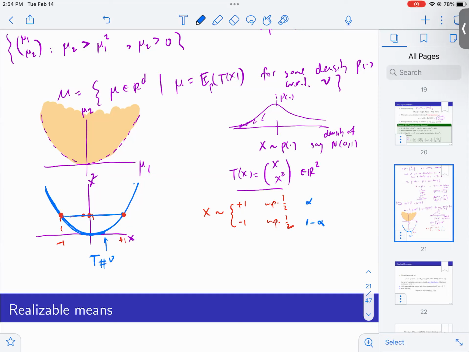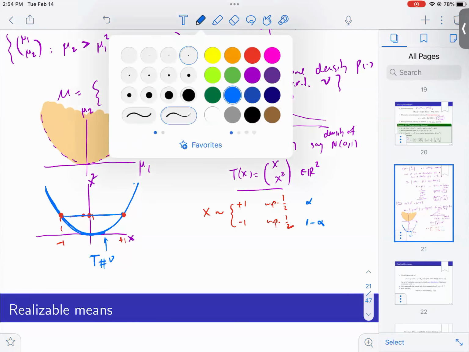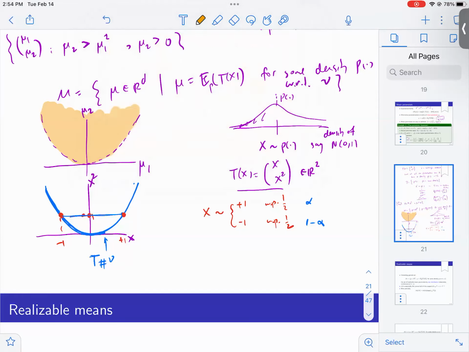The mass that you put on X moves here, but the mean in this case would realize everything in between. If I change these 2 points to some other points, I would get these other points. And if I shift mass around between these 2 points, I can realize everything in between.